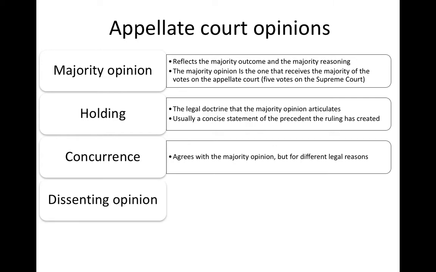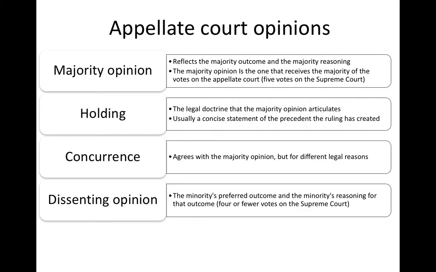And then finally, there is also a dissenting opinion. And in a dissenting opinion, the minority in the court is stating their preferred outcome, as well as the minority's reasoning for the outcome. So in the Supreme Court, this would mean the group of justices who comprise 4 or fewer of the 9 justices, which would, mathematically, of course, make them a minority.